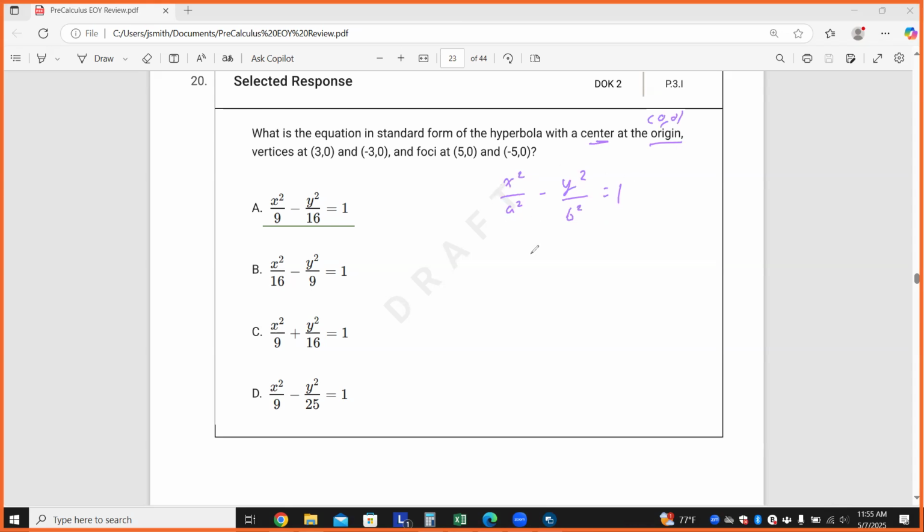What you stress about is these things. What you have to remember is that vertices represent the A, and the foci represent the C. So if I'm trying to find the B, I need to go through a process. X and Y stay the same, it's part of the equation.